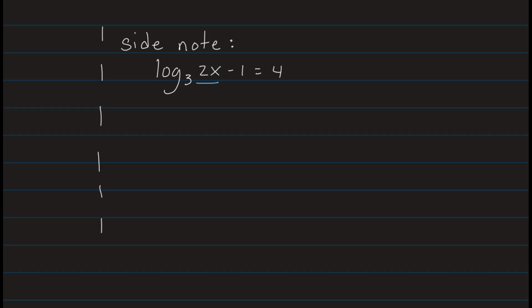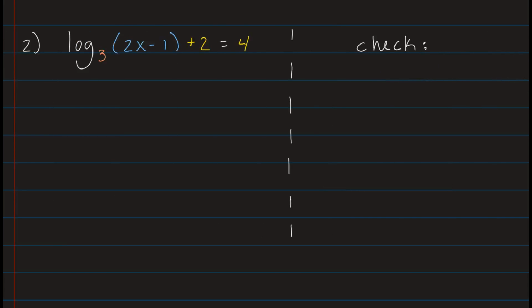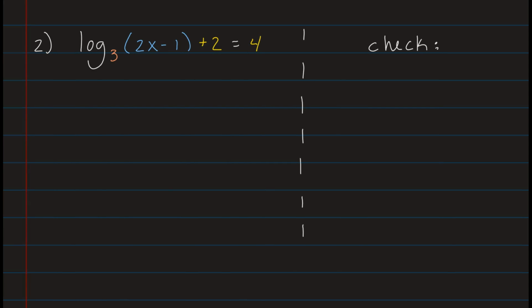So when I'm being asked to isolate the log, you're isolating log base 3 of 2x. The -1 is not part of the log. It is not part of the argument. So you would have to move that -1 away from our log first. Just wanted to make that quick little side note so that you understood other examples a little bit better.